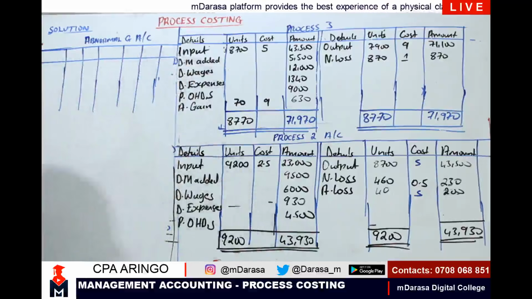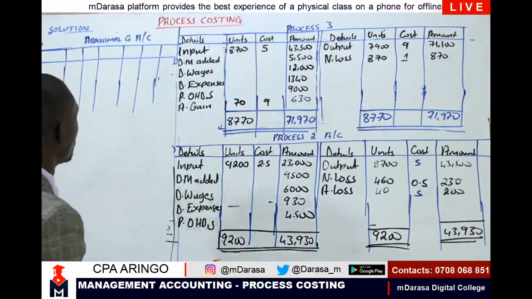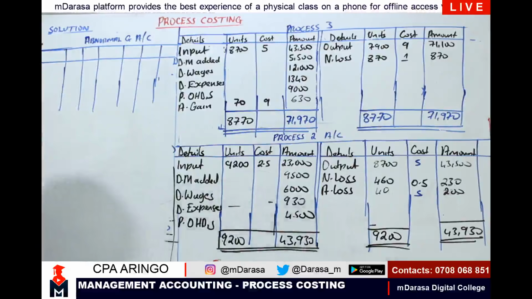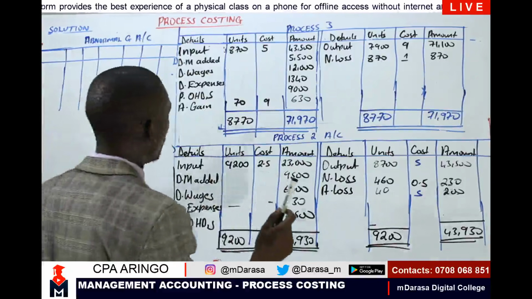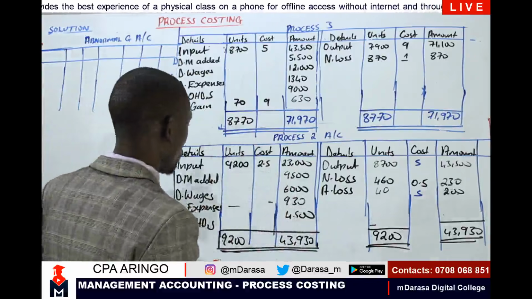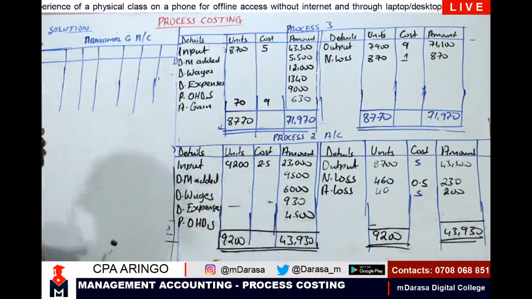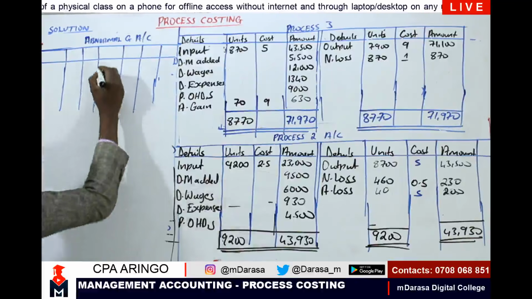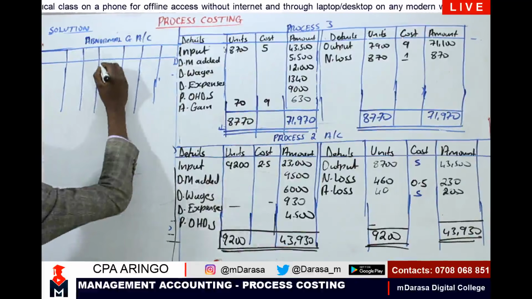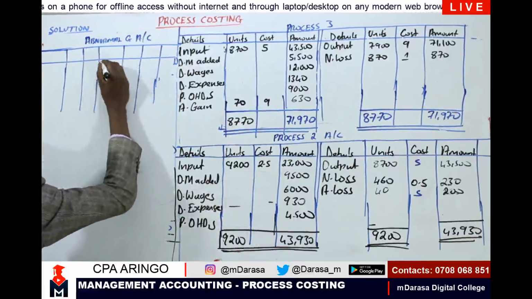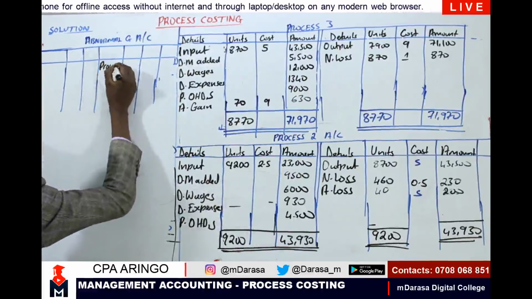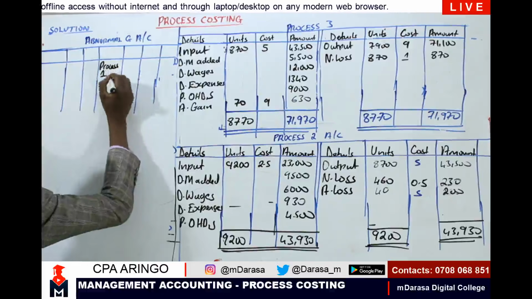So for the abnormal gain account, this is what we'll be having. I'm going to have what you are given here. Where did you have abnormal gain? That was in process 3 and process 1. So talk of the process 1 account.